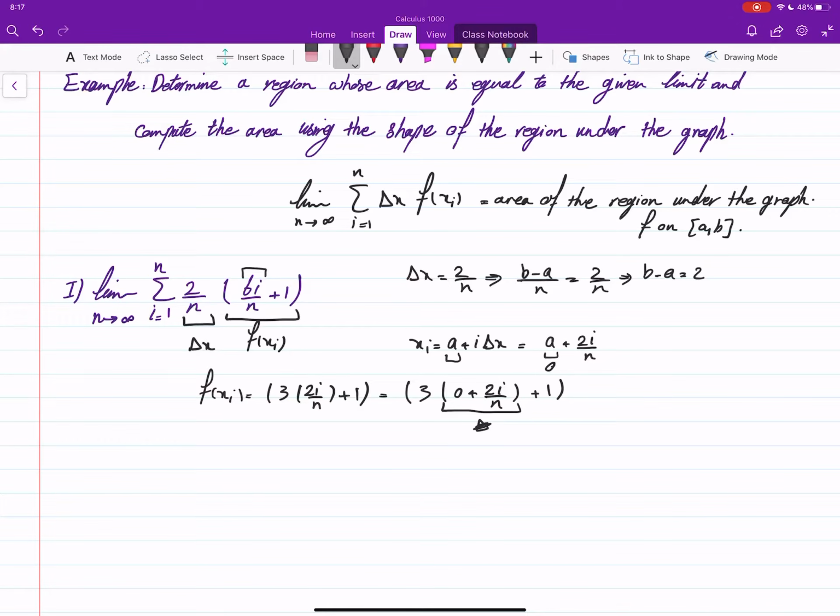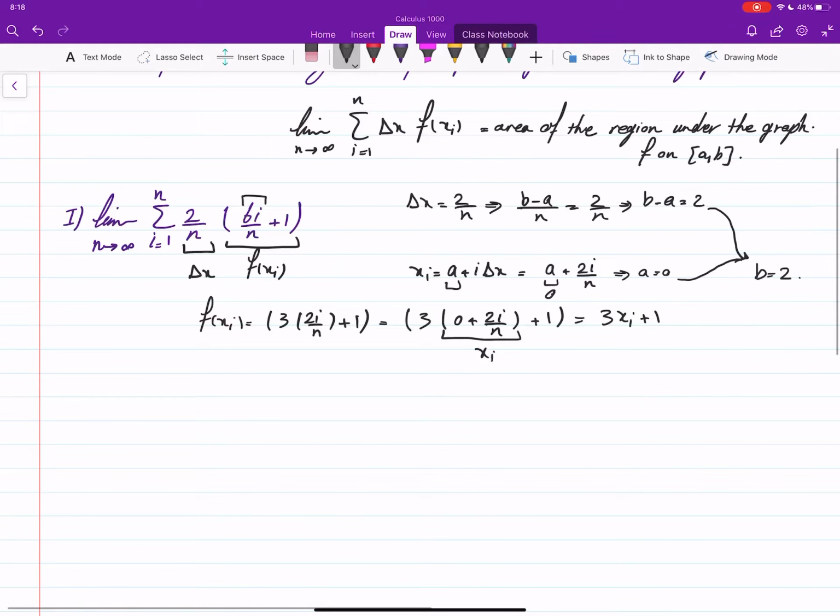So this was xi, and what we showed is this is 3xi plus 1. And we found that a is 0. Remember that b minus a was supposed to be 2, so from there, you know that b is 2.